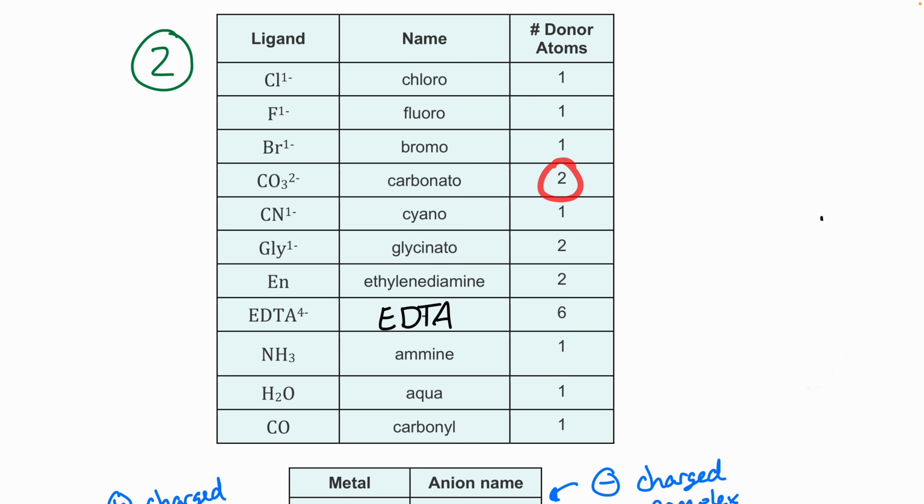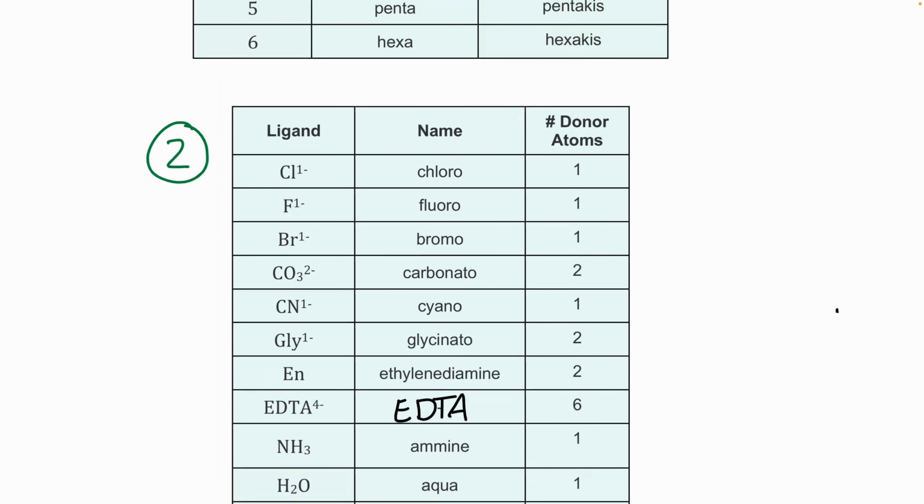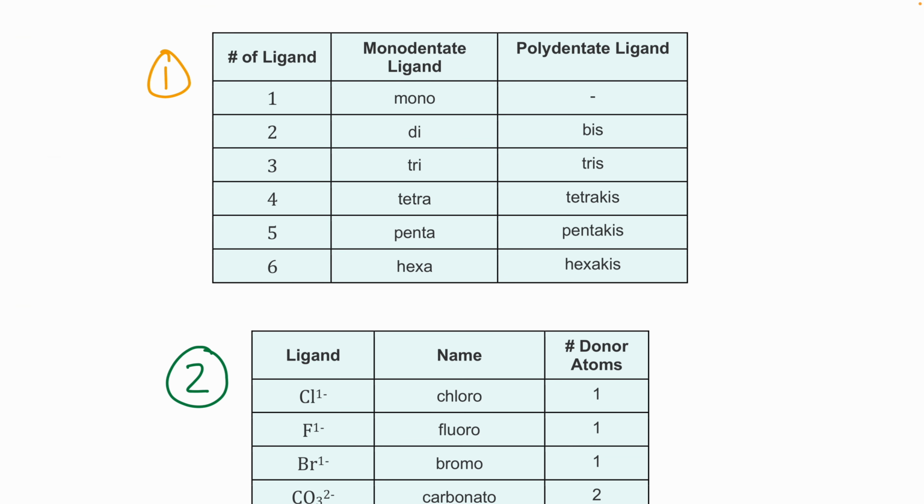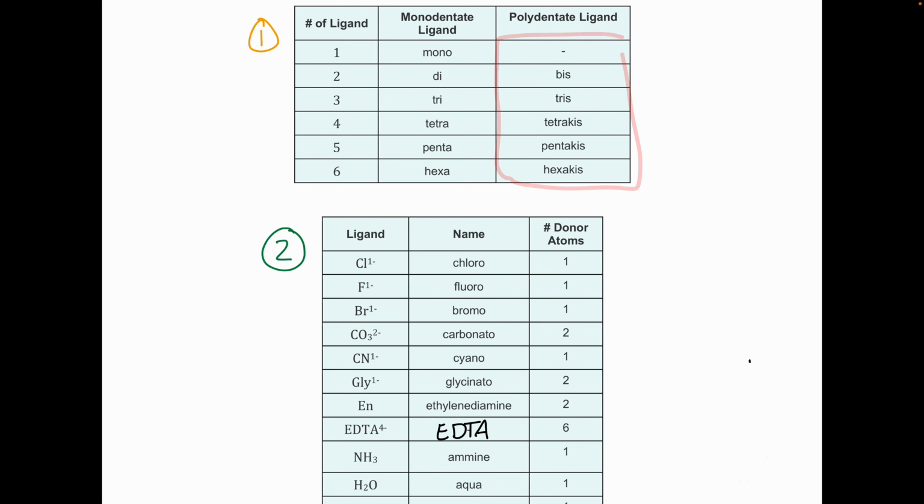If we pick one of these ligands that has more than one donor atom, then all of a sudden we have to use our polydentate ligand prefixes rather than our monodentate ligand prefixes. Again, I don't make the rules. There's no logic as to why they had to have a different set, but they do. All right, so if we have one of those ligands with more than one donor atom, we're just going to use a different prefix for those ligands.